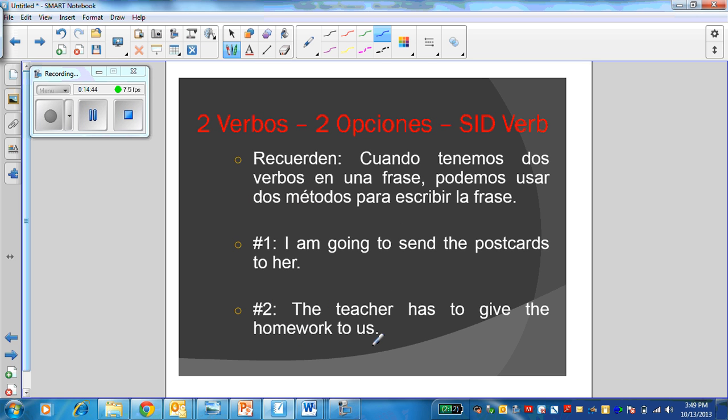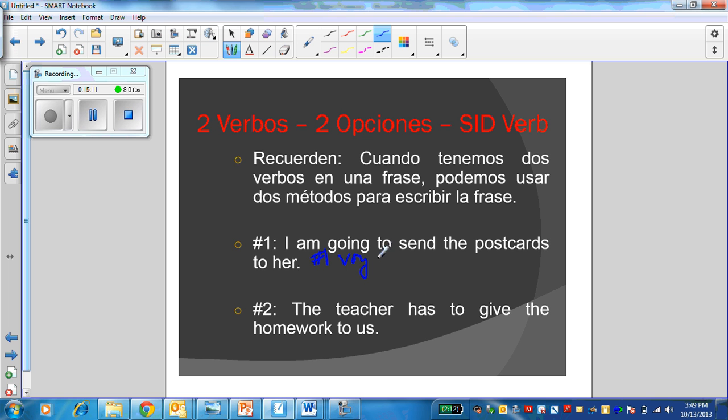Okay. So, last two things. Remember, chicos, recuerdan, cuando tenemos dos verbos en una frase, tenemos dos opciones. Dos opciones, dos métodos, two options. So I'm going to send the postcards to her. If we write this in Spanish, here's option number one.